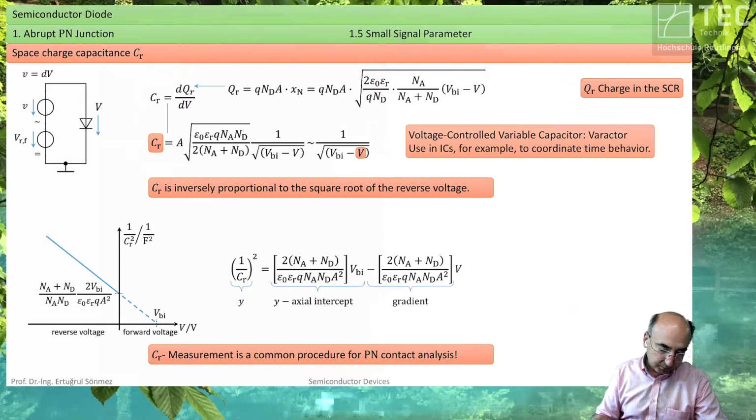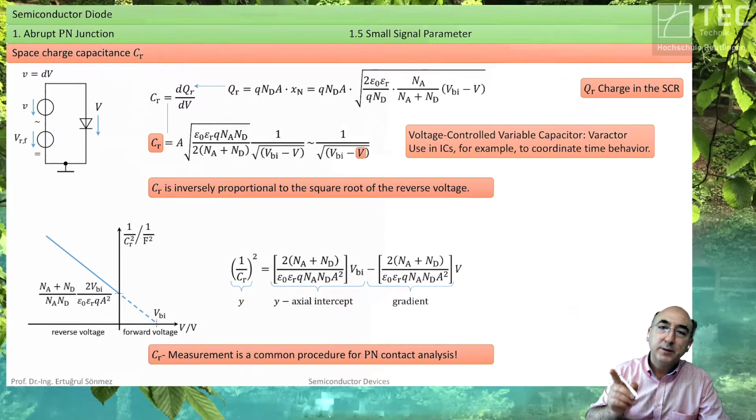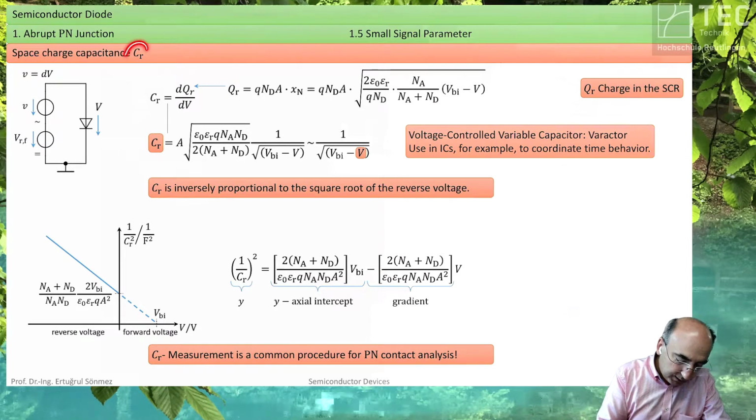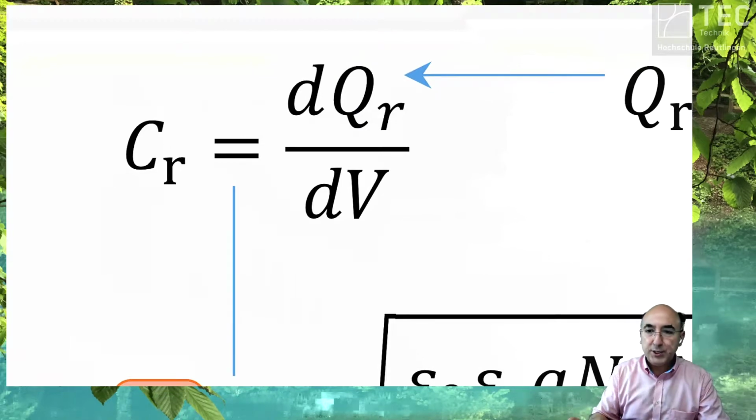Let's talk about space charge and, induced by the space charge, the capacitance. So what is, in general, a capacitor?